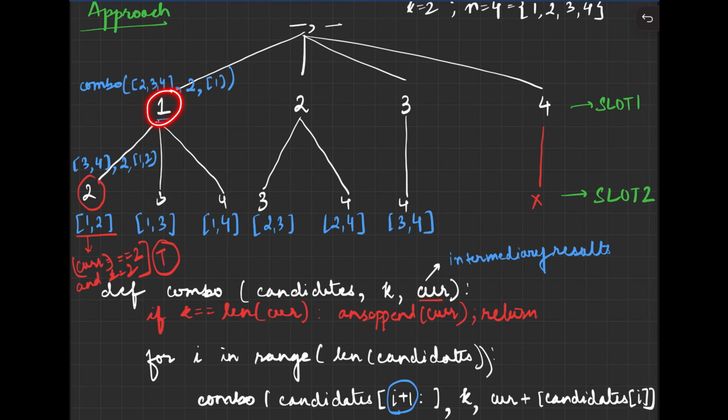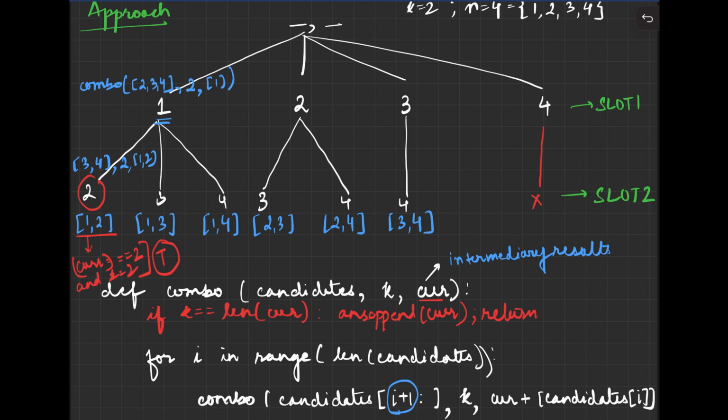For the second case, after 1 has been added to our intermediary answer, i will get incremented from 2 to 3. 3 will get added into the answer here. So a similar call like this will be created where 1 and 3 will be added, k will remain 2, and the intermediary result here will be 1 and 3, and the candidates that will be left will only be 4.